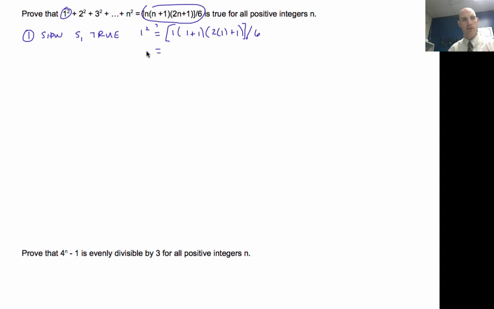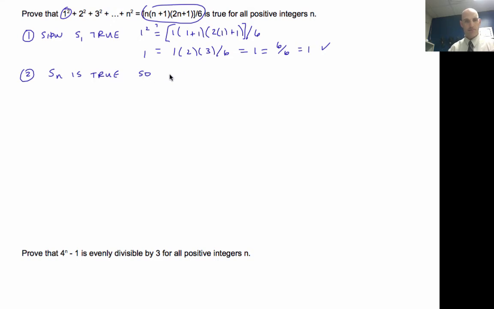Is that true? Is 1 equal to 1 times 2 times 3 divided by 6? That would be 1 is equal to 6 over 6, which is equal to 1. So that's true. Step 2: assume S sub n is true.